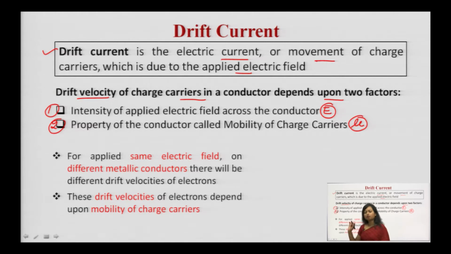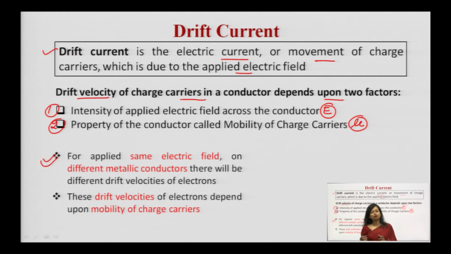Then there is one very important statement. You must note this down as well. For the same applied electric field on different metallic conductors, if you have two metallic conductors, conductor 1 and conductor 2, and the same electric field is applied across conductor 1 and across conductor 2, you must remember that the drift velocity will be different in both of these conductors.